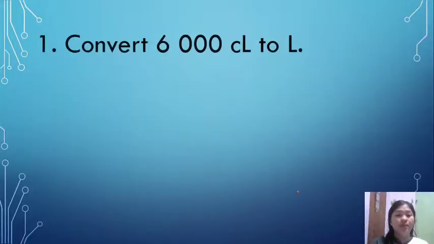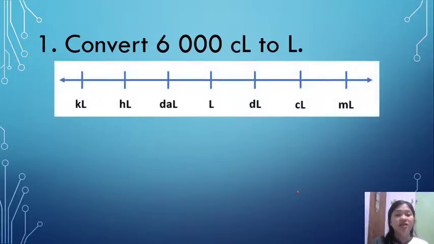The first example, you have 6,000 centiliters to liters. So we will use the same line. It is still King Henry. King Henry died while drinking chocolate milk. By this time, it is no longer M for milk, it is L, because we are talking about capacity here. So if you are going to convert 6,000 centiliters, it has no decimal point, so it is at the end.